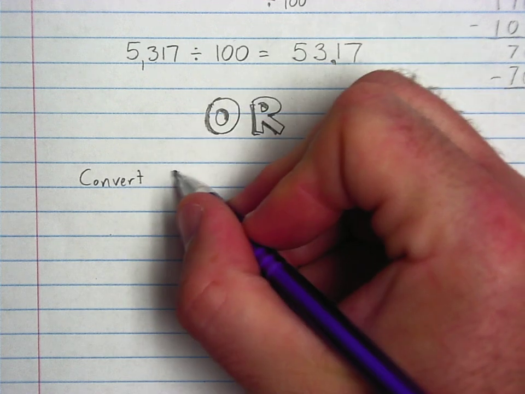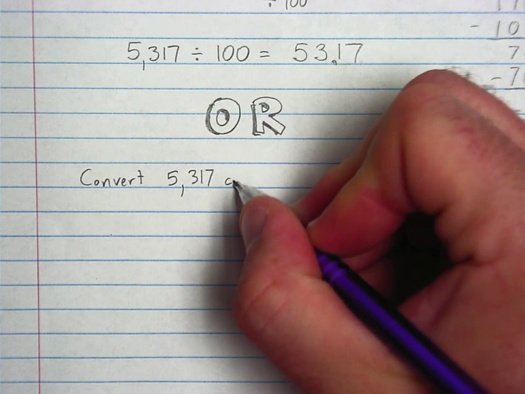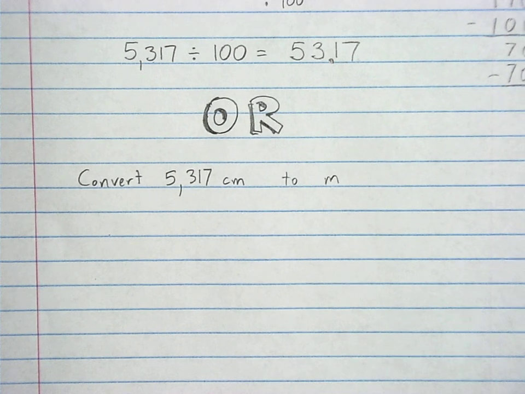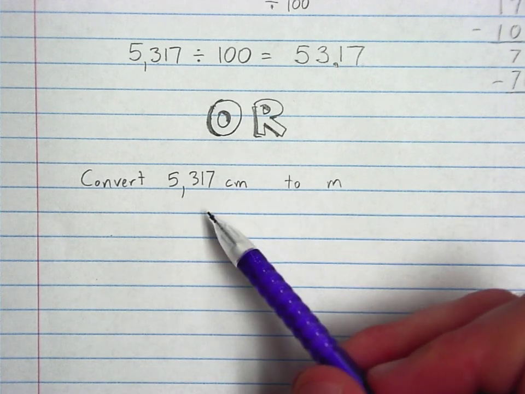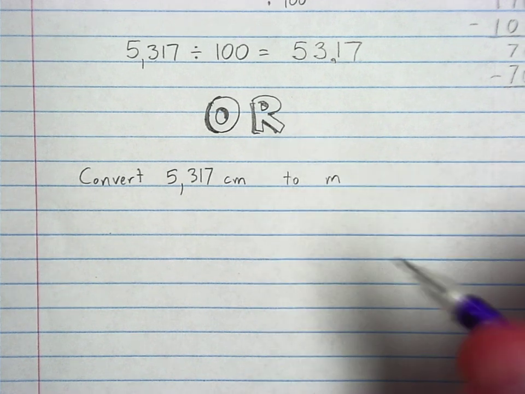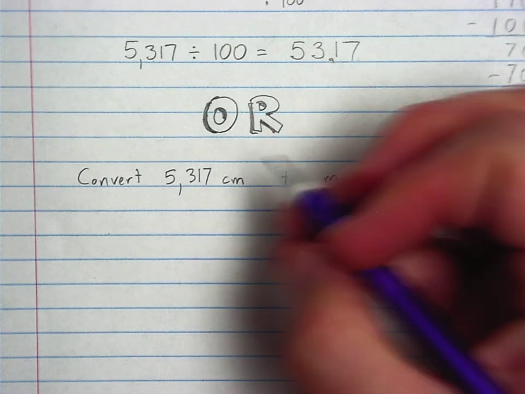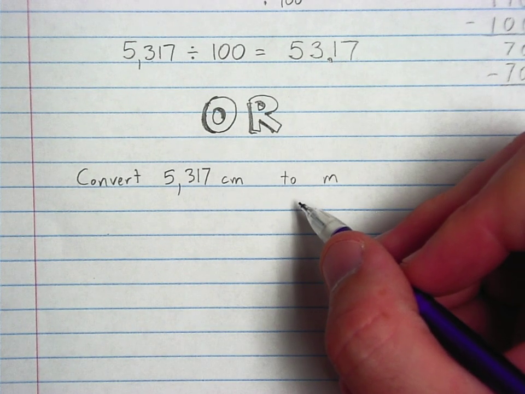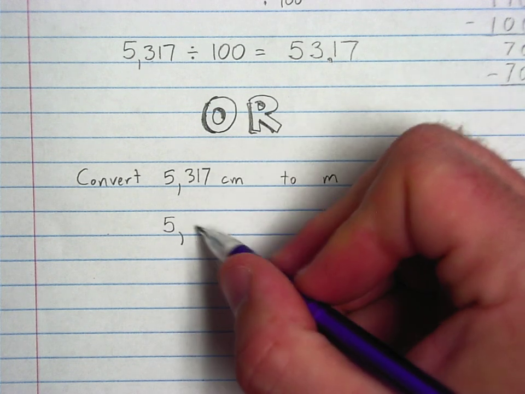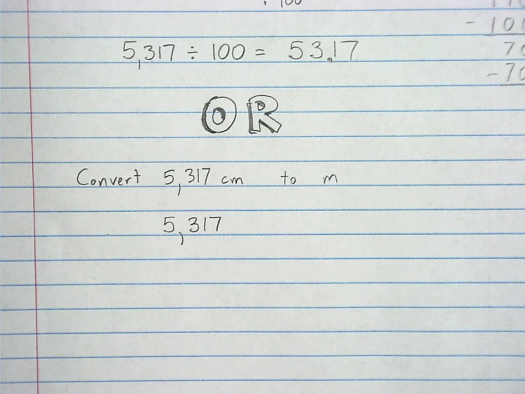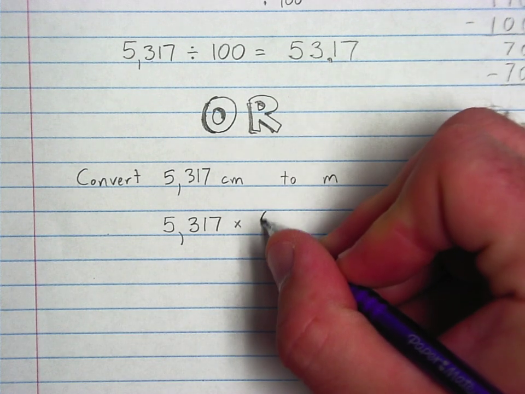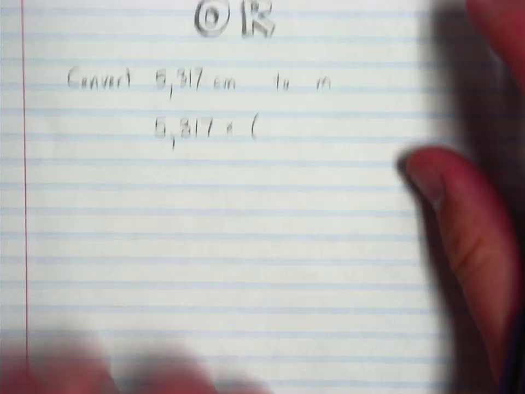Convert 5,317 centimeters to meters. Now, what we're going to do is take 5,317 times, now I'm going to use parentheses to show that this is one value.